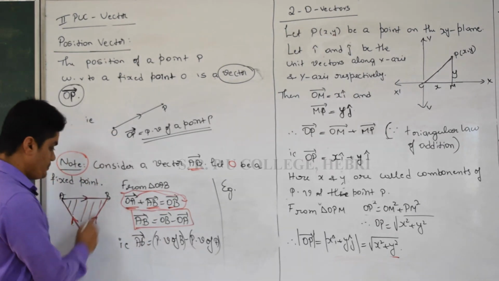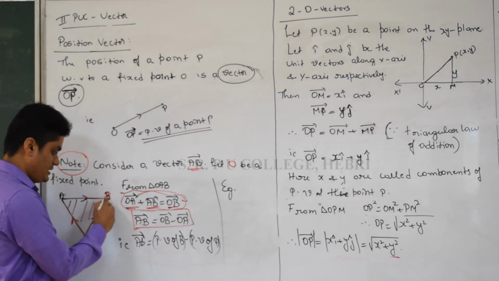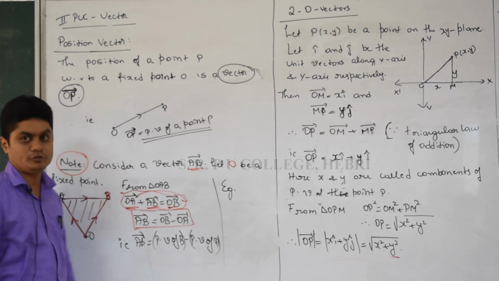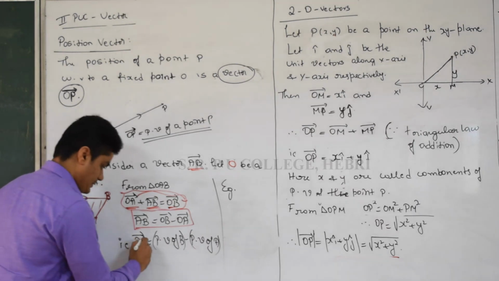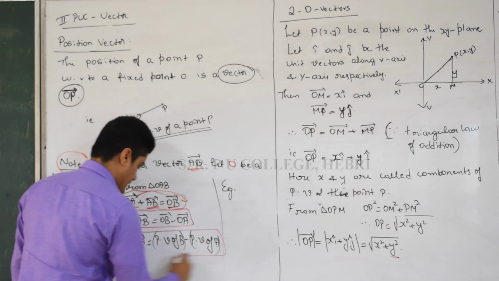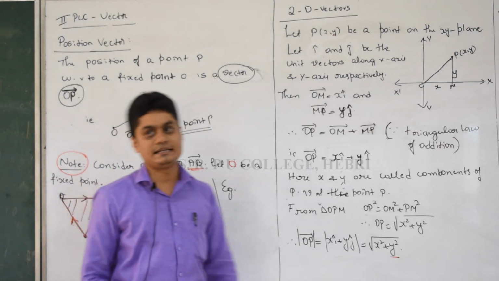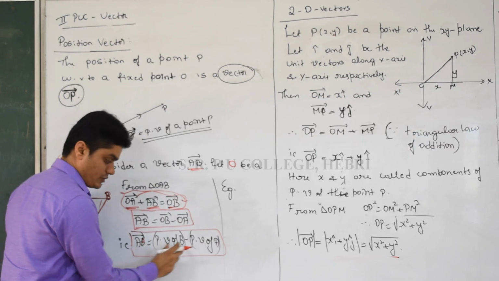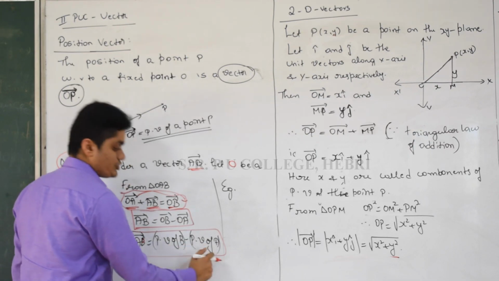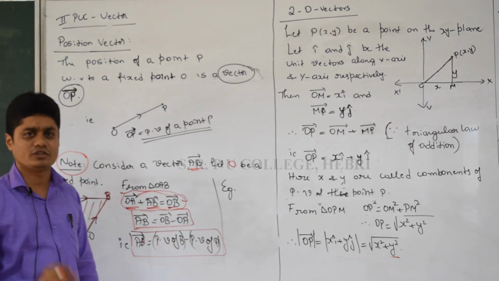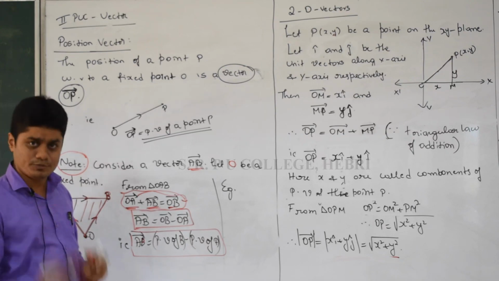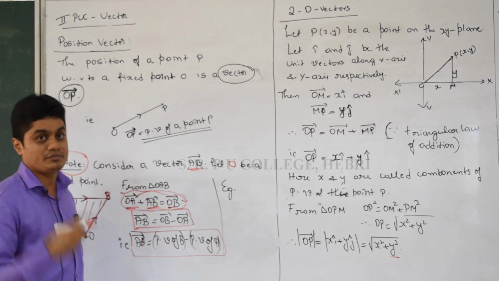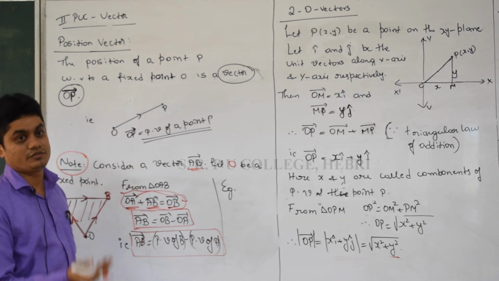What does vector OB represent? The position vector of the point B with respect to O. Vector OA represents the position vector of the point A with respect to O. So remember, any vector AB can be represented in terms of position vectors as follows: position vector of the terminal point minus position vector of the initial point.